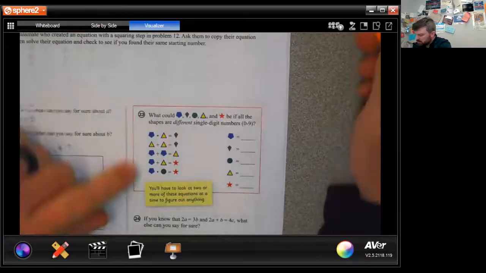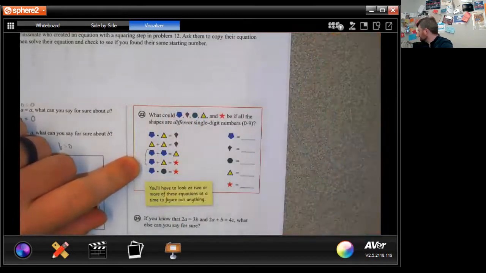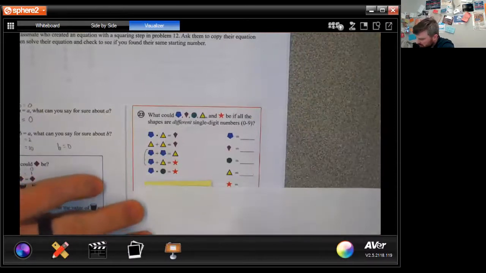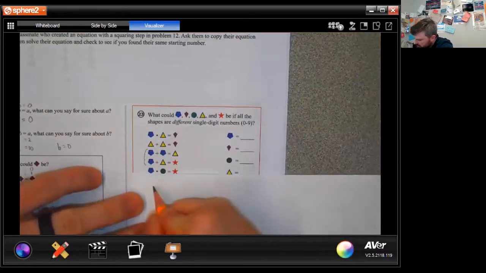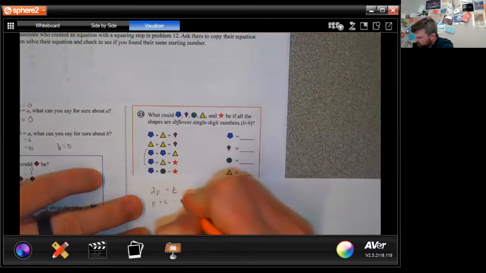Okay, so let's just start with these two. I'm going to grab some scrap paper here and write an equation for those. So this is 2 pentagon equals a triangle. And this is a pentagon plus triangle equals a star.